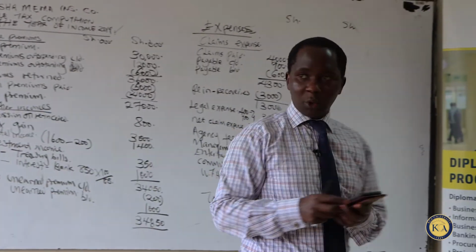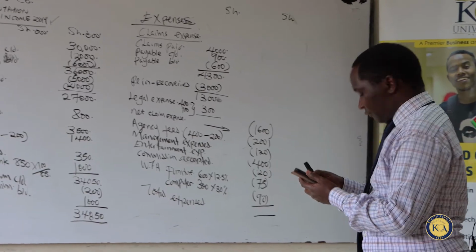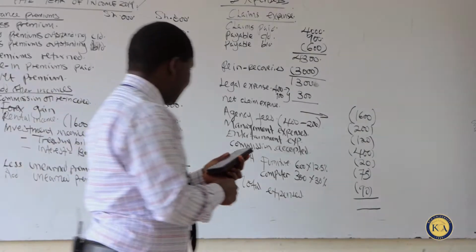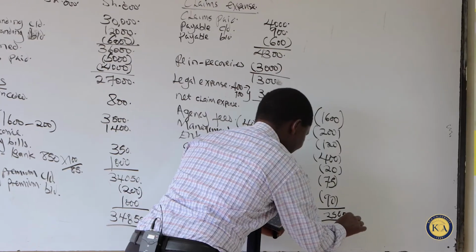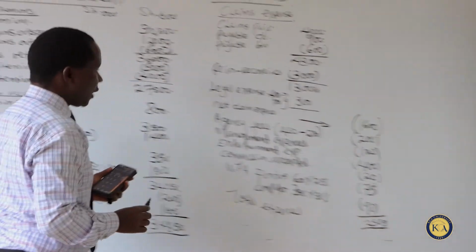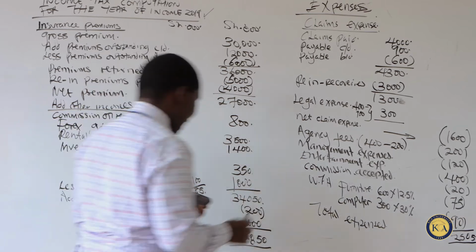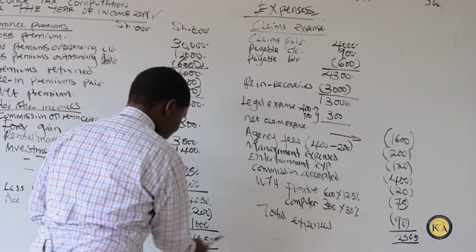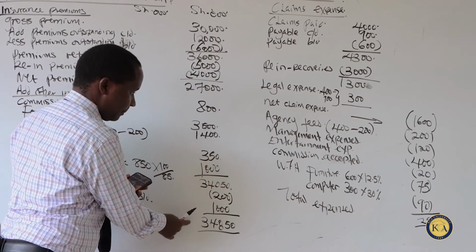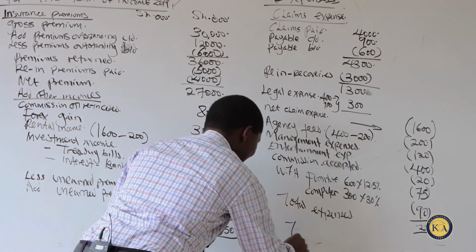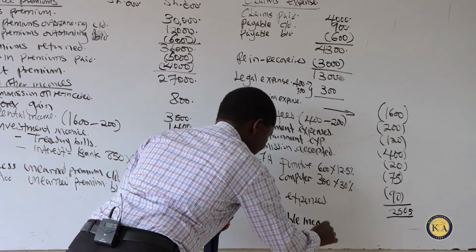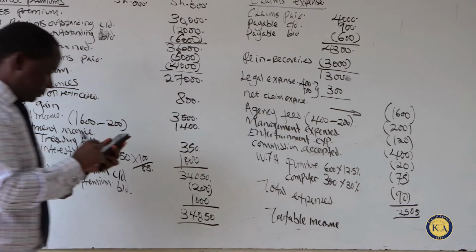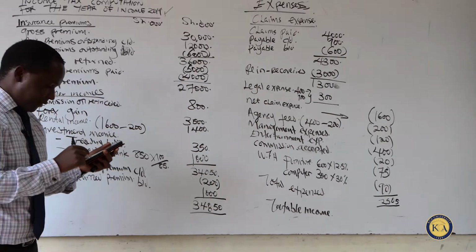So I want to calculate the total of these expenses, and this will give us 2505. With 2505, I deduct it from my total income. So my taxable income becomes, I deduct it from 34,850.